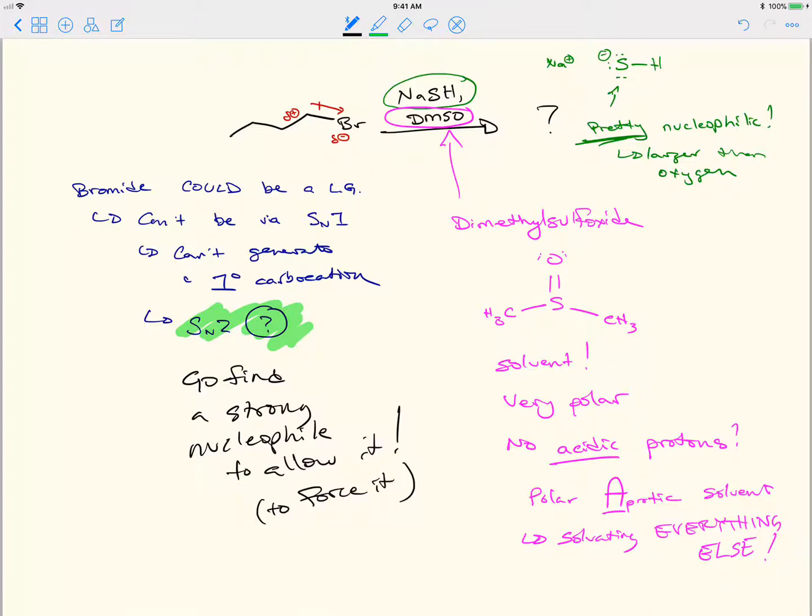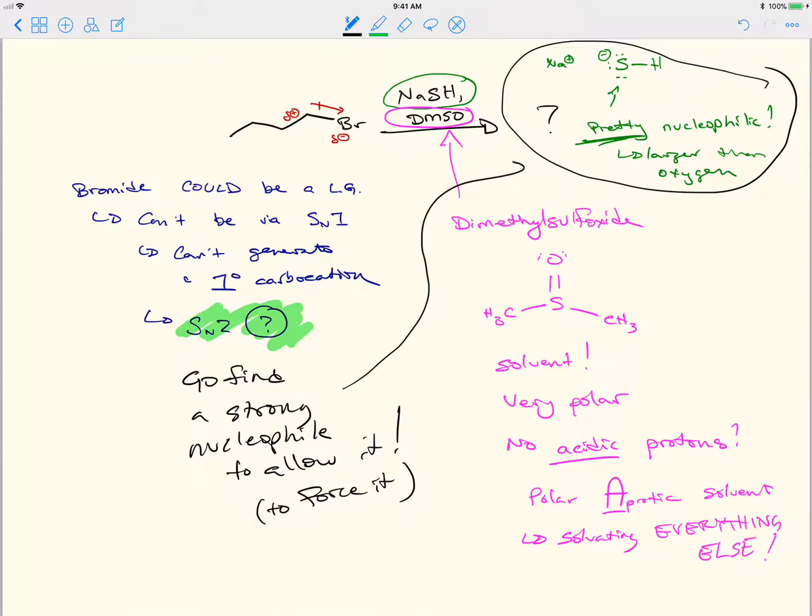Okay, well, I'm going to go look somewhere else, and I think I found one. Okay, so I found that right over there. Great. Now the problem is sodium thiolate is a salt, pretty much like sodium hydroxide is a salt or sodium chloride is a salt. Well, what are salts soluble in? Salts are soluble in water, right?